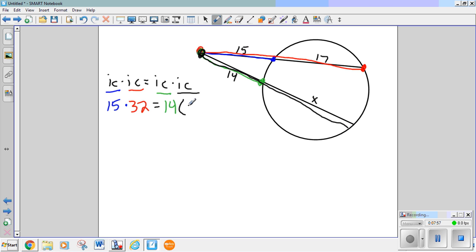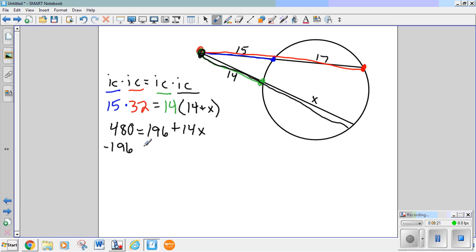And because that's a sum, we need to put it in parentheses. Now solve. 15 times 32 is 480. 14 times 14 is 196. 14 times x is 14x.